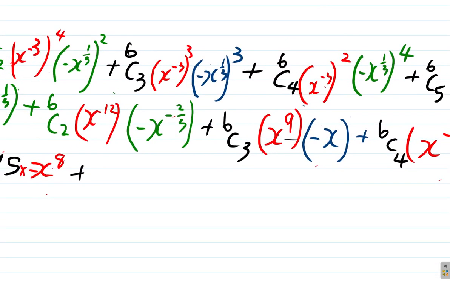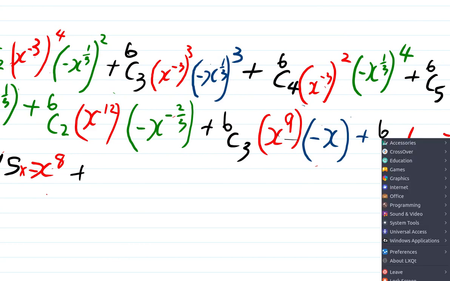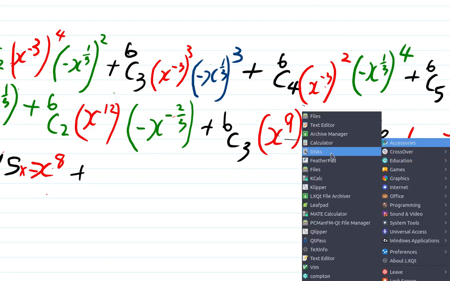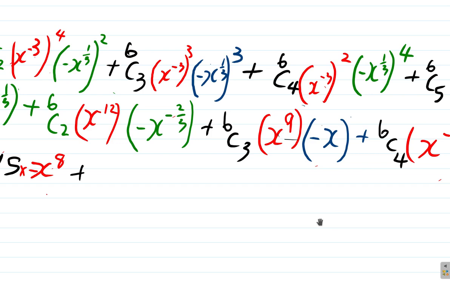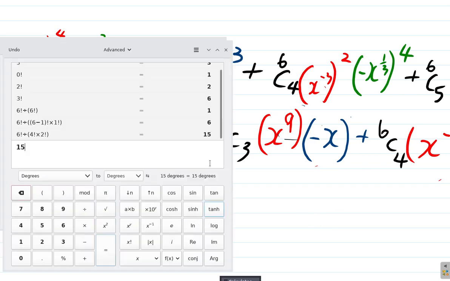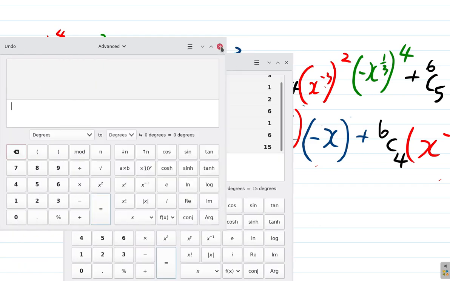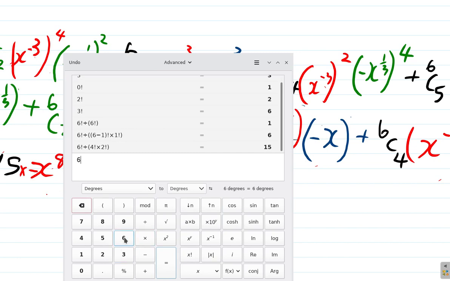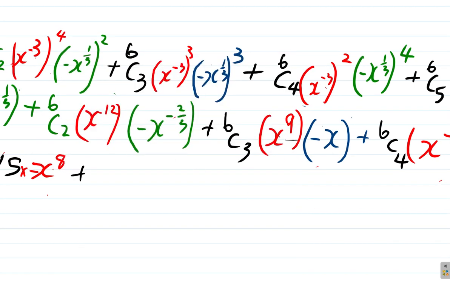6C3 now. 6C3 is going to be 6 factorial over open bracket, 6 minus 3 factorial. So 6 minus 3 is 3. So it's 3 factorial times 3 factorial, close bracket, equal. It's 20. Right?